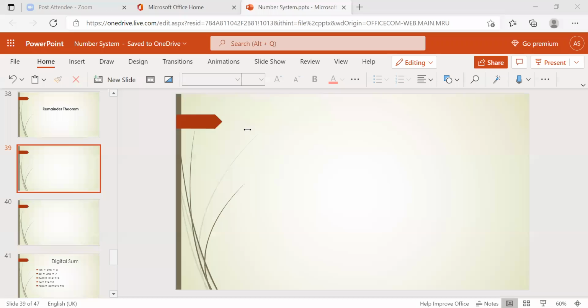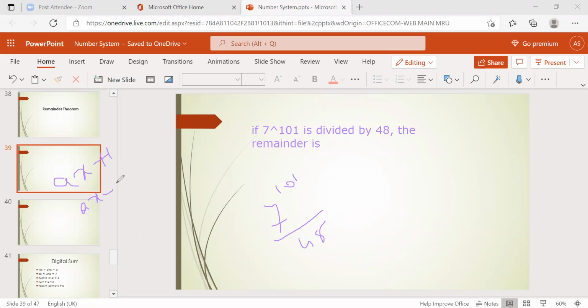Now another problem. If 7 power 101 is divided by 48, the remainder is, now see what they given here, 7 power 101 by 48, but in which format should we get it? In ax plus 1 or ax minus 1, right?